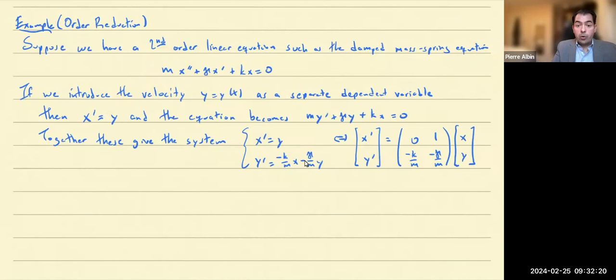Right, so we've gone from one second order linear equation to two first order equations, which we can rewrite as one first order equation for vector valued functions.